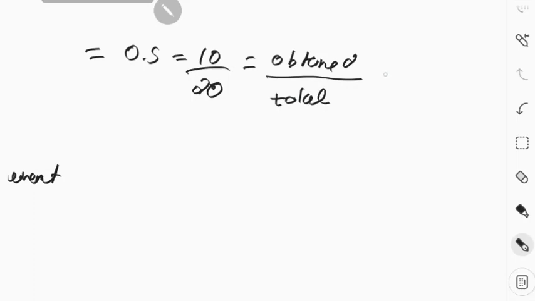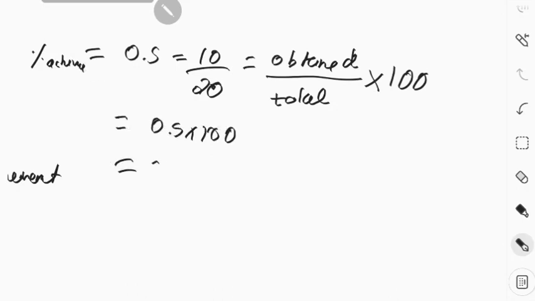And you want to scale your marks out of 100. So you're just going to multiply with 100, right? So percentage achieved is basically just 0.5 into 100, which is 50%.